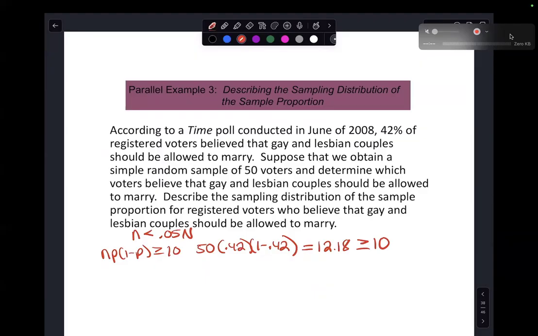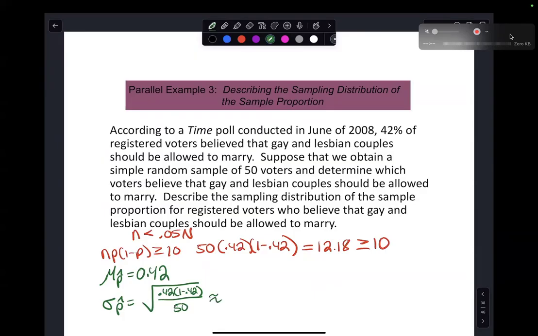Next, my mu sub p hat is going to be this 0.42. It's always equal to our population proportion that we're given, or that the poll gives us. So my standard deviation sub p hat is going to be the square root of 0.42 times 1 minus 0.42, divided by 50.